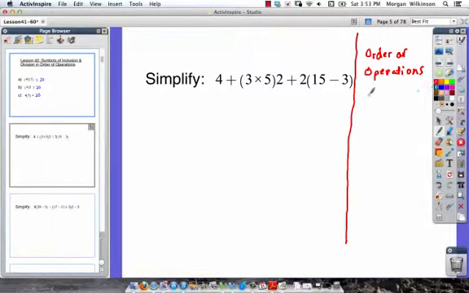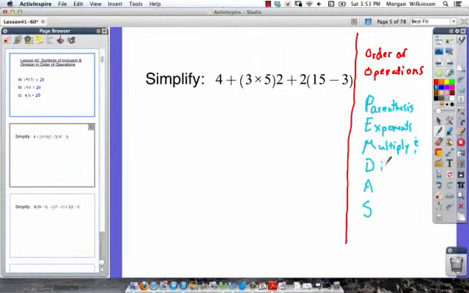We've got our Please Excuse My Dear Aunt Sally, or parentheses, exponents, multiply and divide because they're equal in order of importance, and add and subtract.